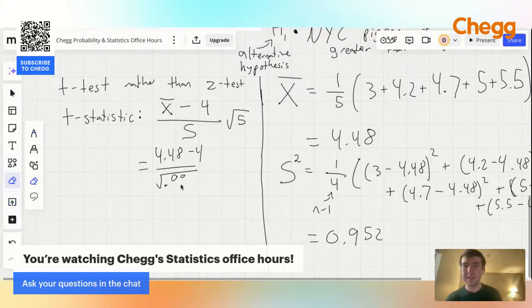That's a subtle point here. So S is the square root of 0.952. It'll be pretty close to it because it's close to 1 anyway, so taking the square root doesn't change much.